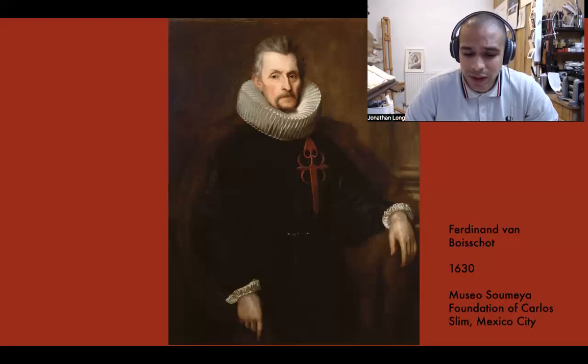He was, in fact, made a knight. He would have been an aristocrat anyway, because he was born into aristocracy, but he was made a knight of the Order of Santiago. The Order of Santiago is a chivalric knightly order, a Spanish one, which is very interesting, isn't it? Because he's a Dutchman.